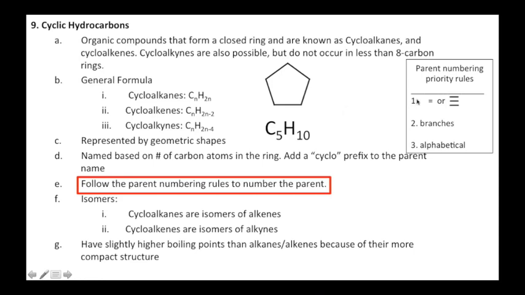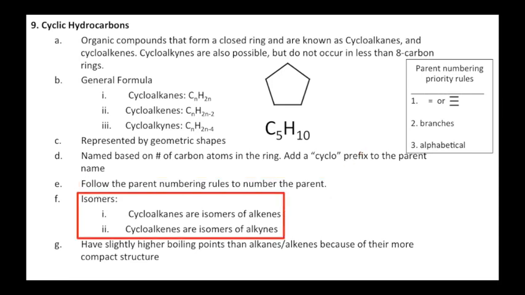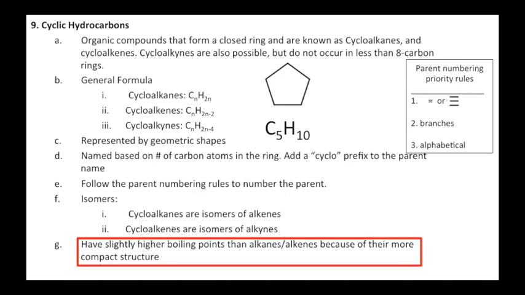So remember, double and triple bonds get priority, then branches, and then we go alphabetically with branches. Isomers: cycloalkanes are isomers of alkenes, and alkenes are isomers of alkynes. Same formula, different structure. And they have slightly higher boiling points because of their more compact structure.